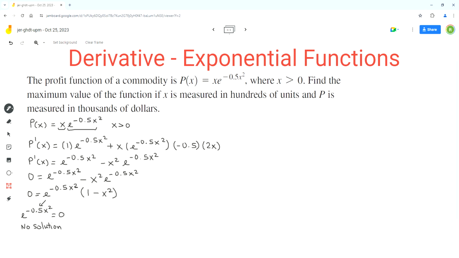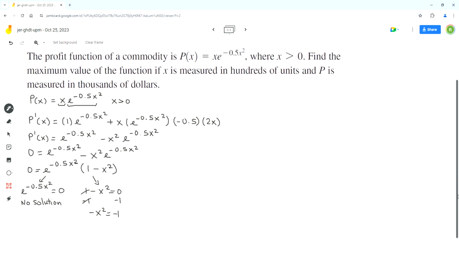Now we can analyze the second case. So we can subtract 1 from both sides to isolate x. So we get, now we can divide both sides by -1.